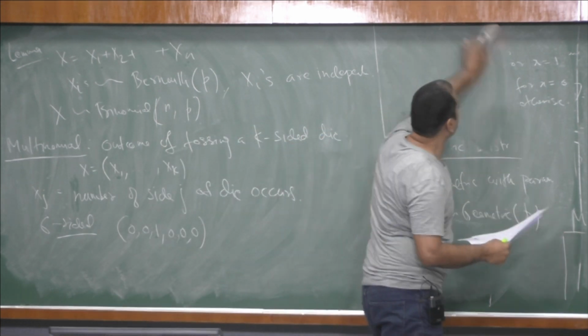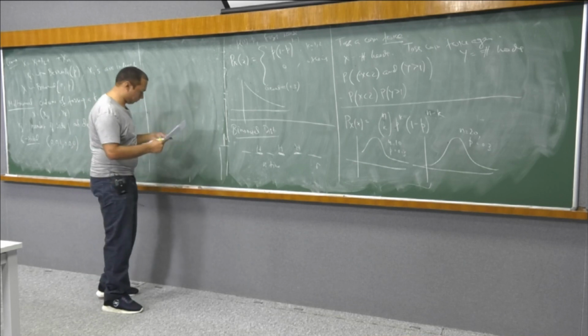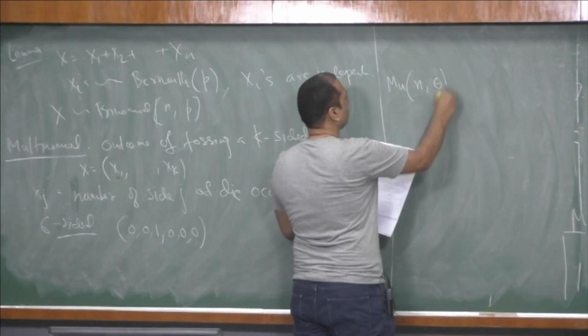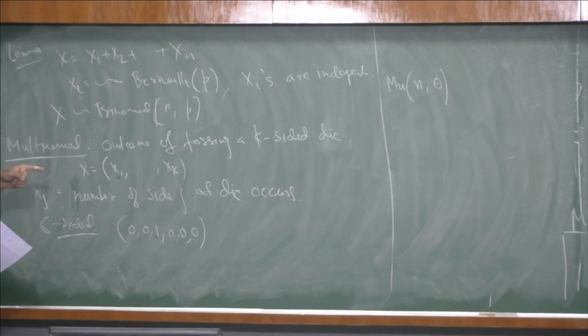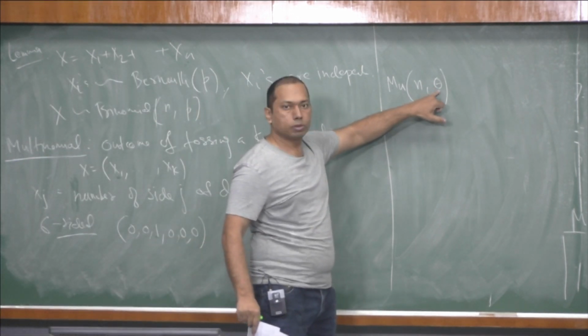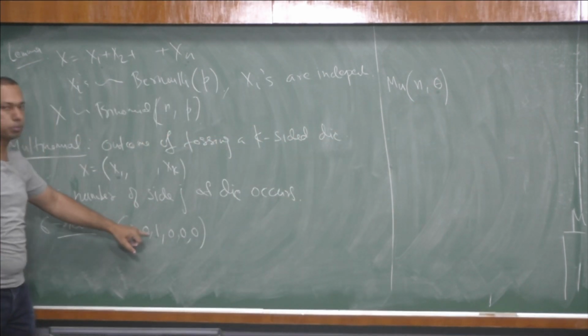With these notations in place, we can now write the PMF for the multinomial distribution. In this case, we use mu and then n and theta. Theta here is generic because we may not take a fair die. If we take a fair six-sided die, then the probability of each side is 1/6.